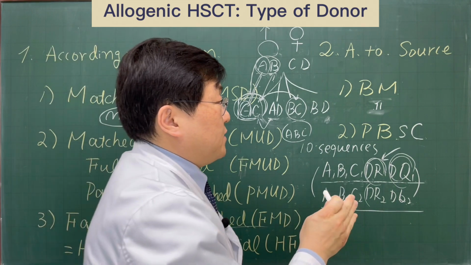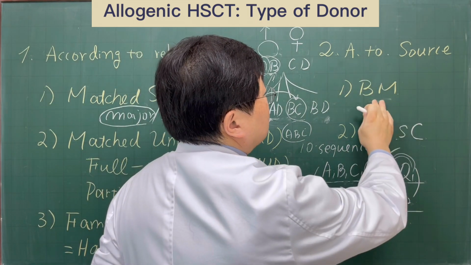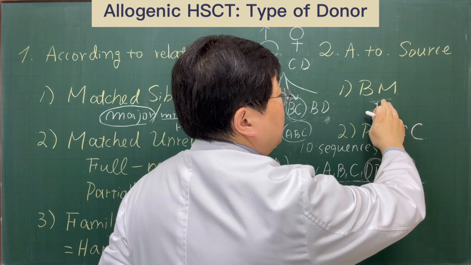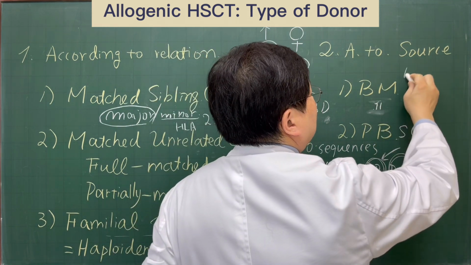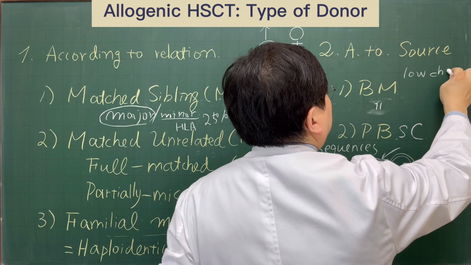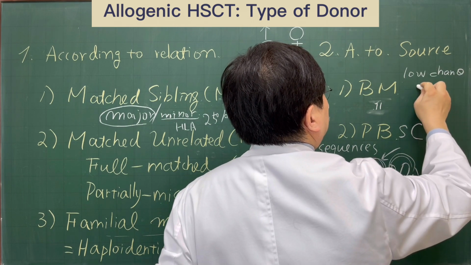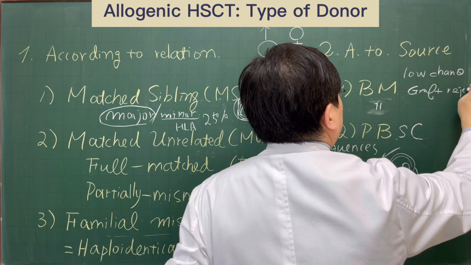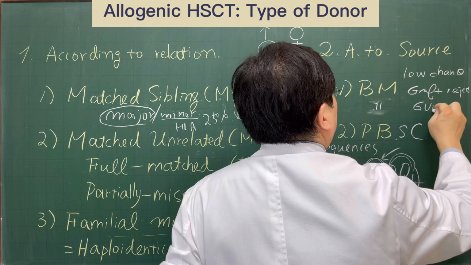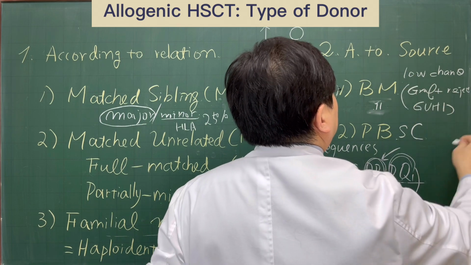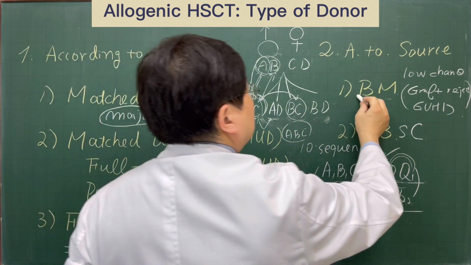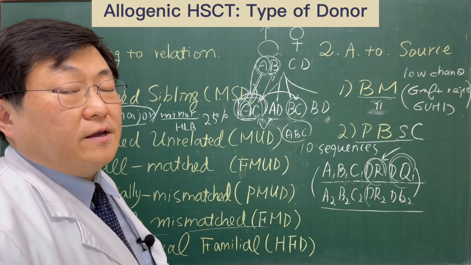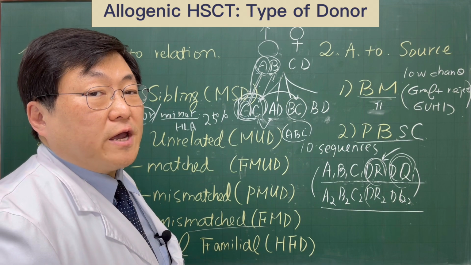For aplastic anemia, bone marrow stem cells are always preferable to peripheral blood stem cell transplantation, because bone marrow stem cells have a low chance of graft rejection and GVHD. Except for aplastic anemia, we can use bone marrow stem cells as well as peripheral blood stem cells with almost the same expectation of outcome.